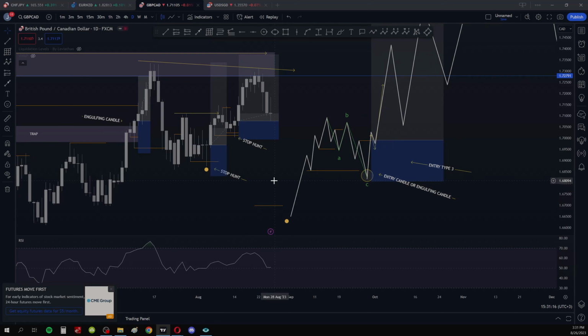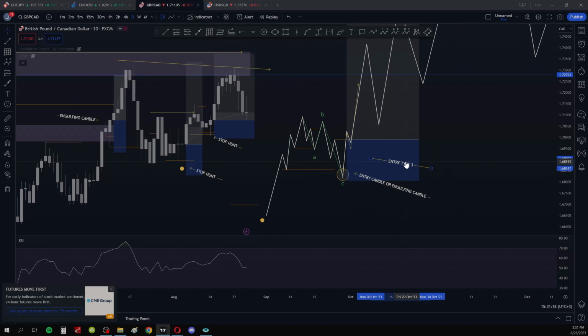is the entry type 3. Okay, so the entry type 3, what we want to see is this going up, the same thing as here when we had this 1, 2, 3, 4, 5 going up. We have a break, and that's where we enter, right here.